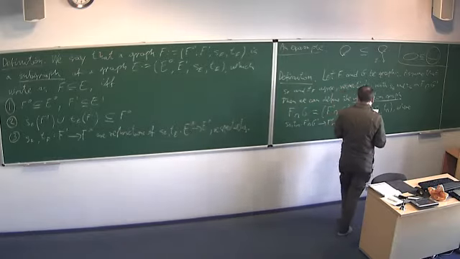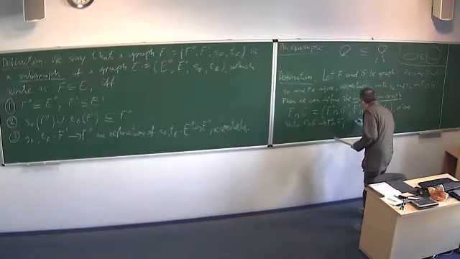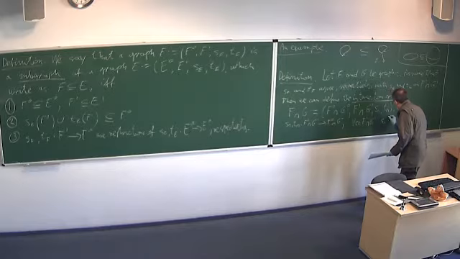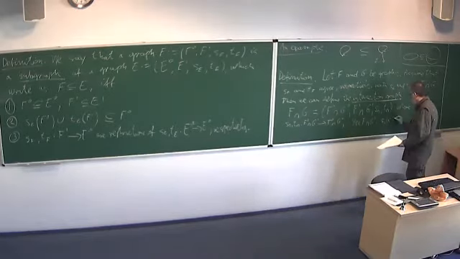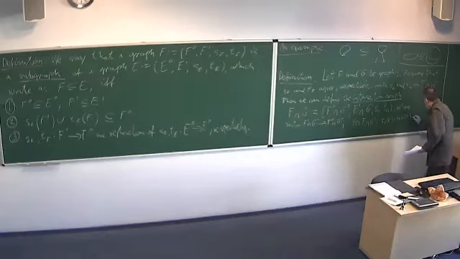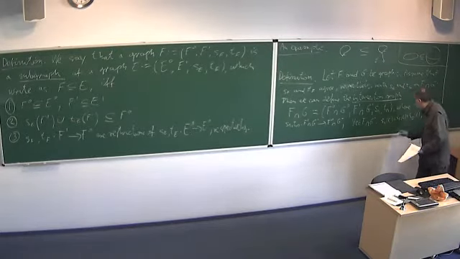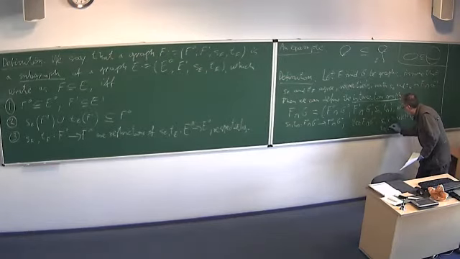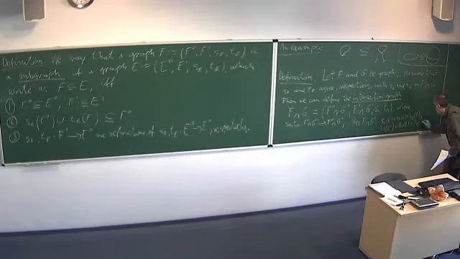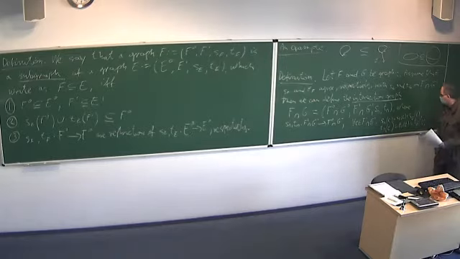And they are given by the formula that for every E in F1 intersect G1, we have that S cap of E is equal to SF of E equal to SG of E. And of course, likewise, T cap of E is equal to TF of E is equal to TG of E. It makes sense because I assumed that they agree.